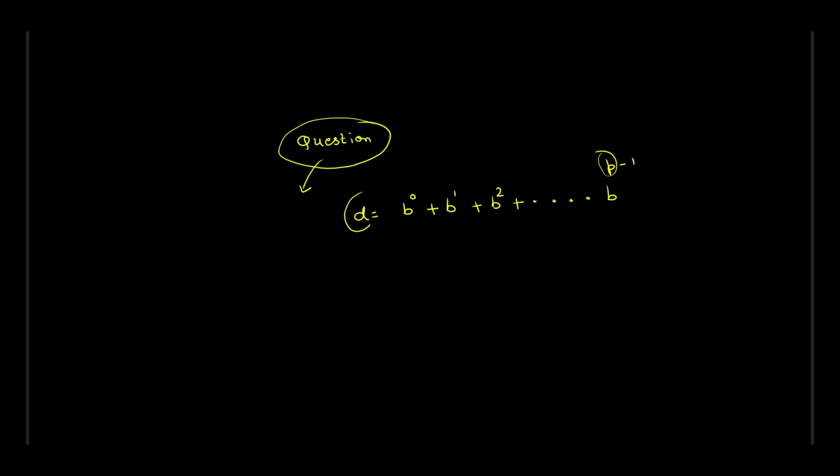Our question is this: we have to reverse engineer, like you are given d is equal to b to the power 0 plus b to the power 1 plus b to the power 2 up to b to the power p minus 1. So you are given the value of p, you are given the value of d, but can you reverse engineer the value of b? Can you find out b?